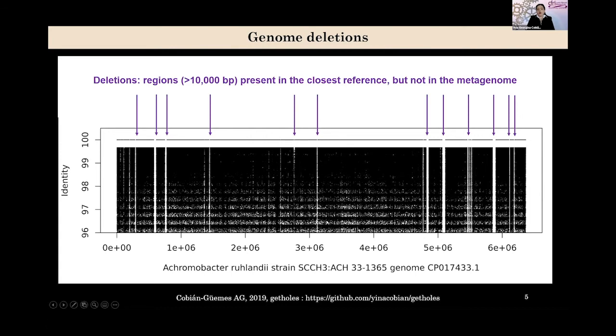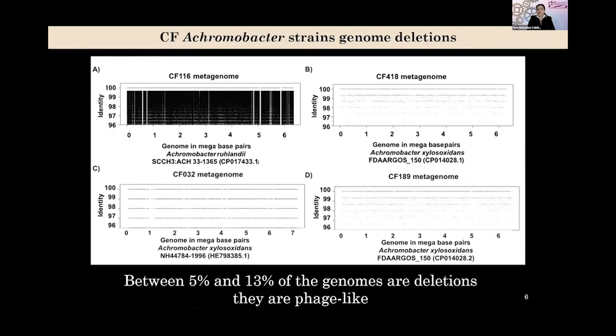So this shows us what we already knew, but we are showing in cystic fibrosis, microbial genomes are very dynamic. They are losing parts and they are also gaining parts. We see all these kinds of deletions in the four patients that we study. In the case of 116, the closest reference genome was Achromobacter roulanderi.